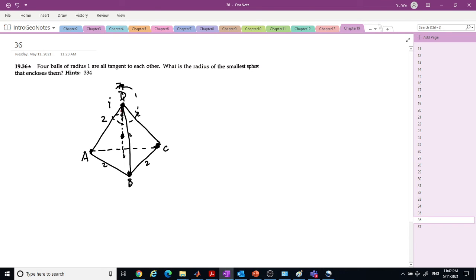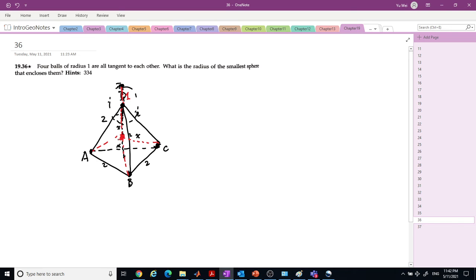Okay, the center point we want to find is a point that has equal distance to all of the points, and then we extend another one, right, to touch every ball. So now the question is we need to find the point with equal distance to every point, right?